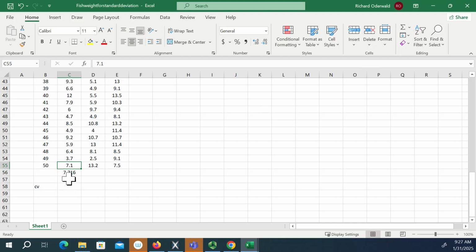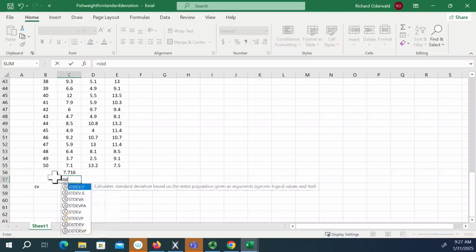Now I want the standard deviation. And the standard deviation command. We need an equals and then do std. And we get a list of commands that have std as the start. Our standard deviation is going to be stdev for standard deviation.